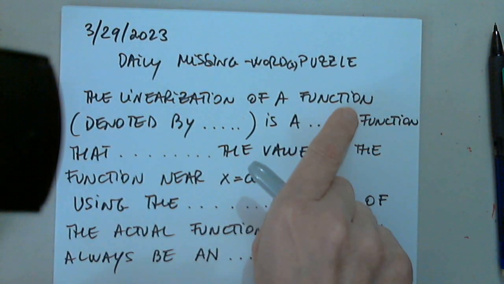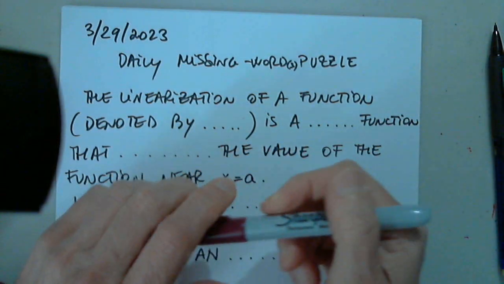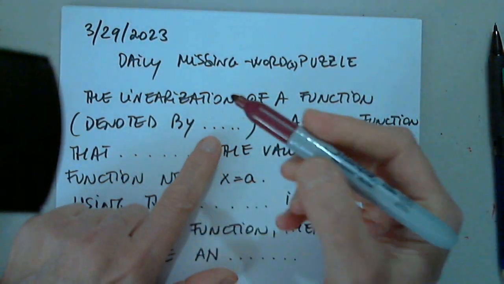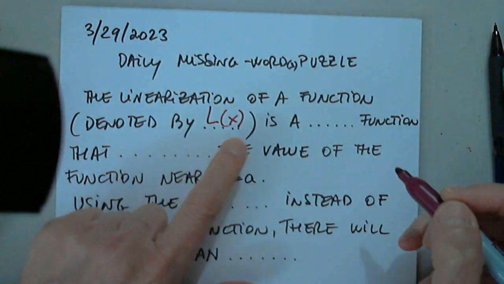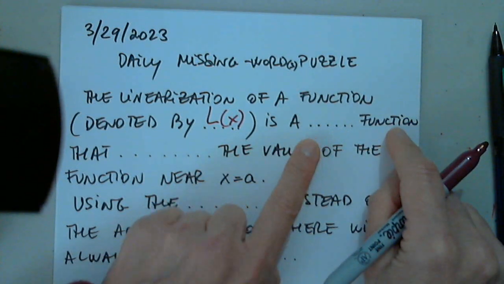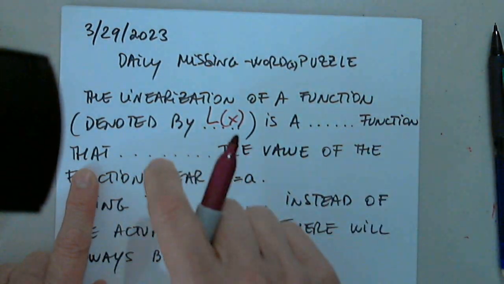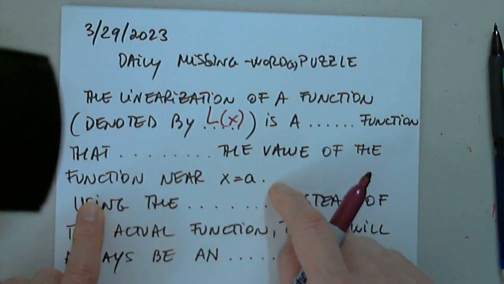Linearization of a function denoted by L of x. Very good, L of x indeed, is a function that approximates the value of the function near x equals a.